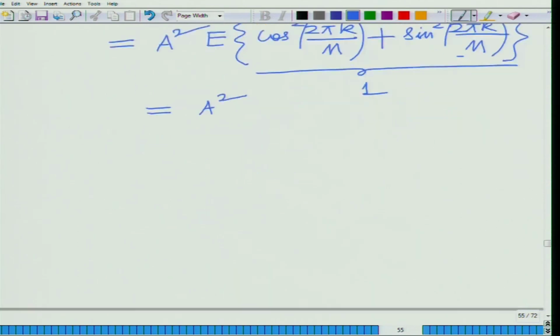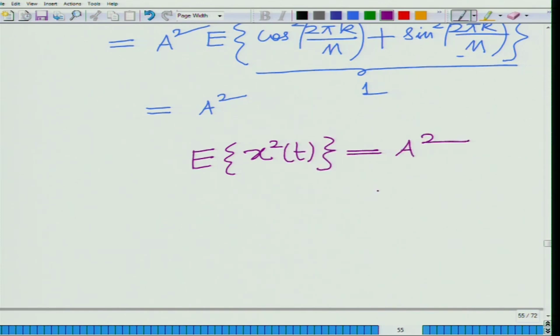So this is equal to A square. So basically, the average symbol energy, the expected value of x(t) squared, equals A square.